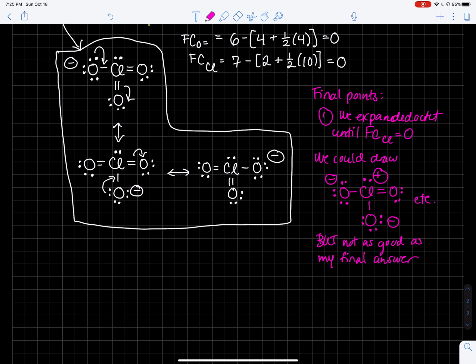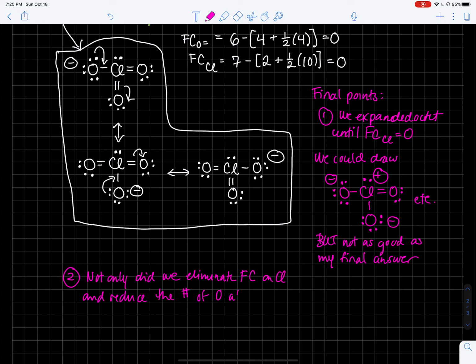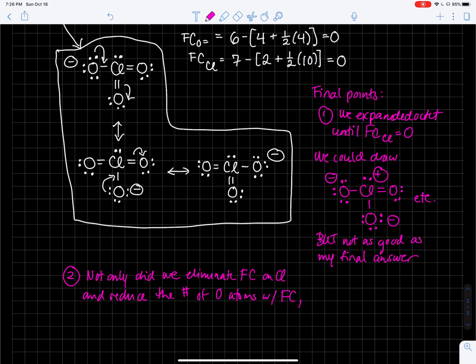So that's one final point. My other point is that not only did we eliminate the formal charge on chlorine and reduce the number of oxygen atoms that have formal charge, but now, because of resonance, the one negative formal charge in this molecule is shared between all three oxygen atoms.